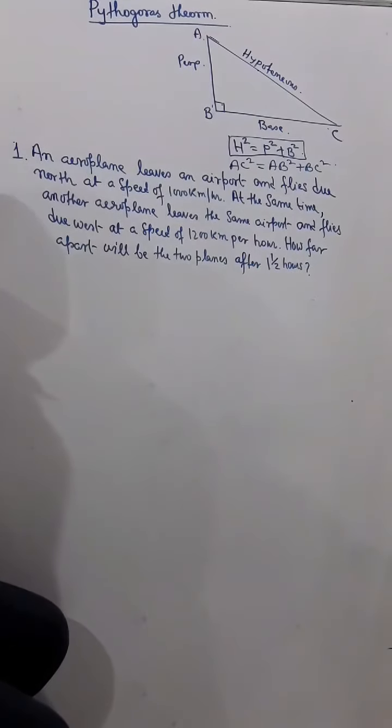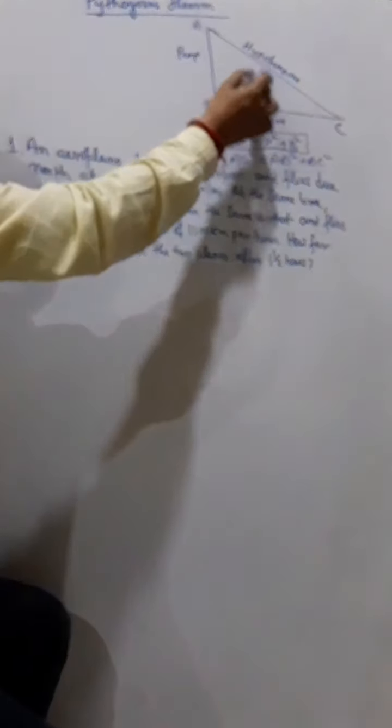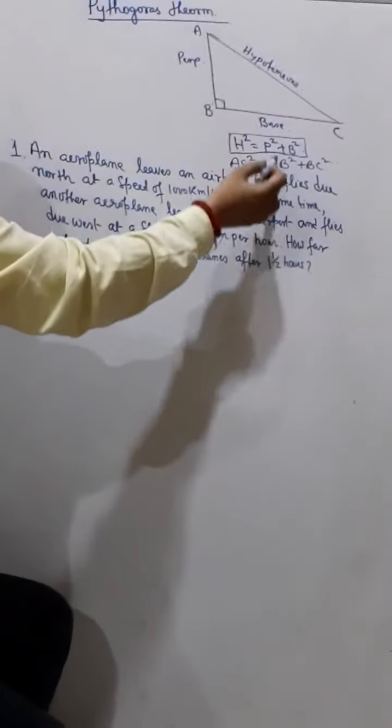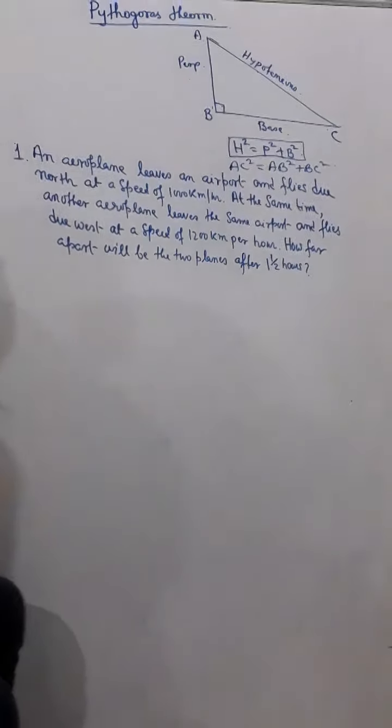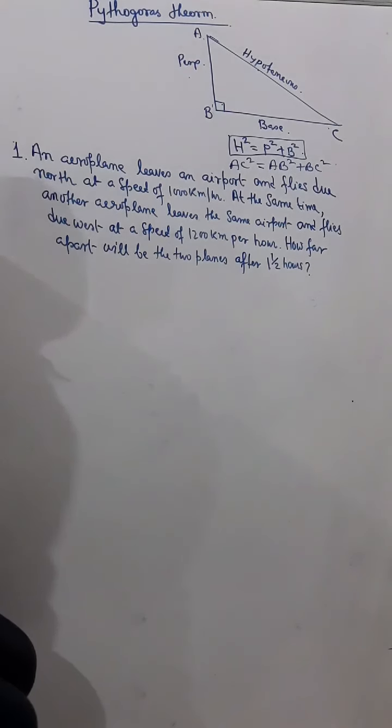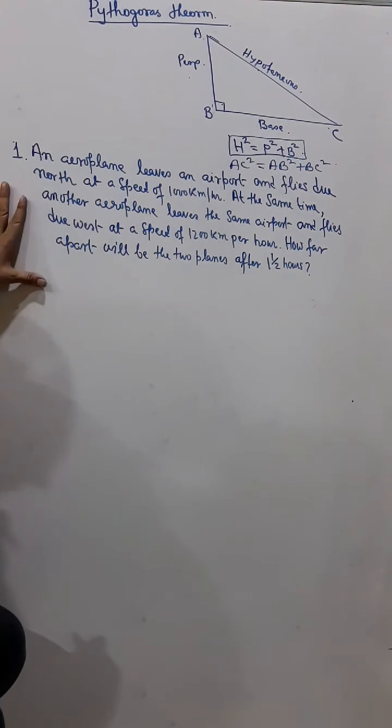Okay, so this is Pythagoras theorem. Now out of these three sides, if we know any two sides, we can get the third side. But in this chapter, we will do some applications of Pythagoras theorem, some sums related with Pythagoras theorem, and we will also do some sums related to proofs later on.